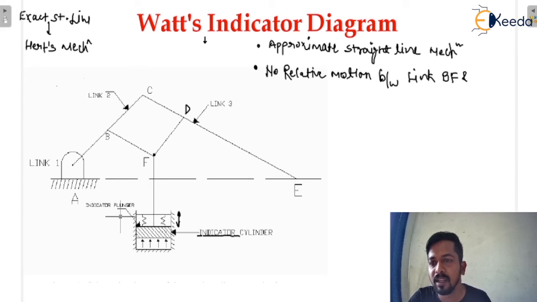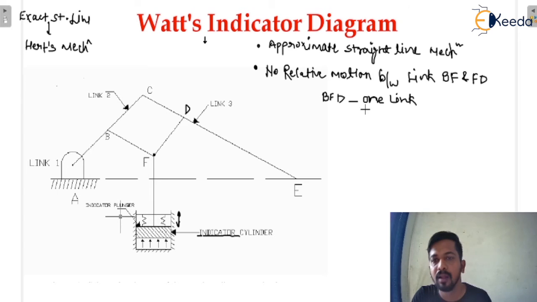So I can say this is a lever. BF and FD, you can do welding between these two links; there will not be any difference. So no relative motion between link BF and FD. So I can say this is BFD, and I can consider it as one link.